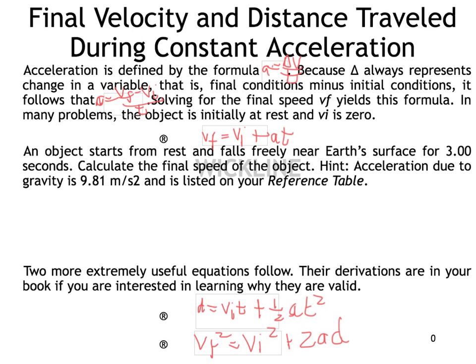You can rearrange this so that it yields this equation. It says vf equals vi plus AT. And this one's on your reference table. So it's saying that final velocity is the initial velocity if you add to it the acceleration multiplied by the time. We can use that equation to solve this question right here.